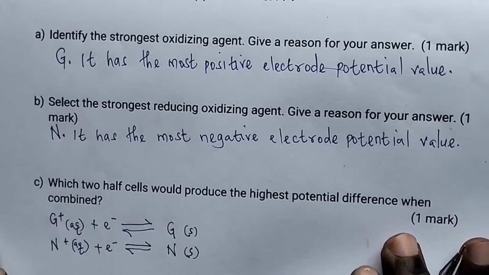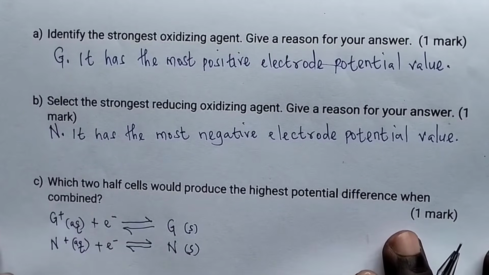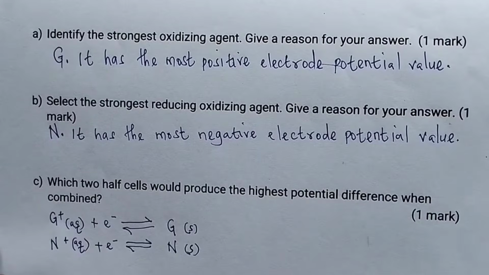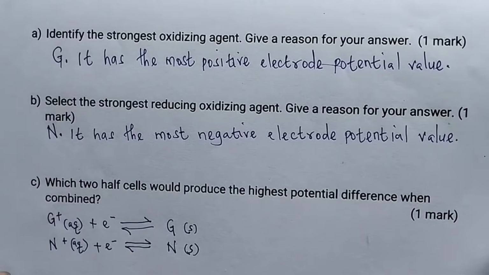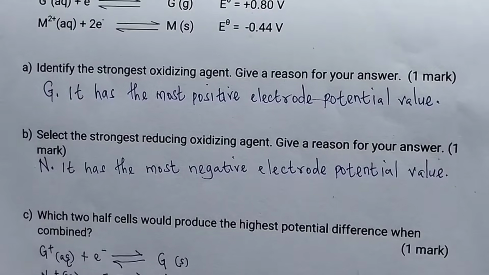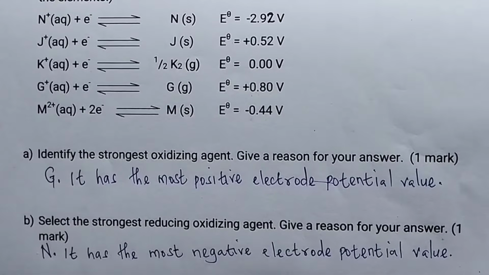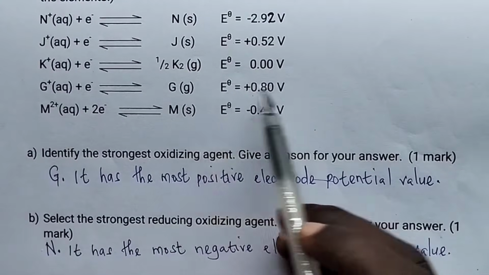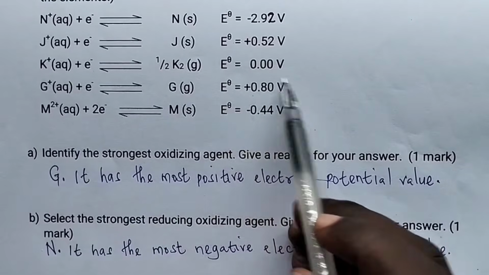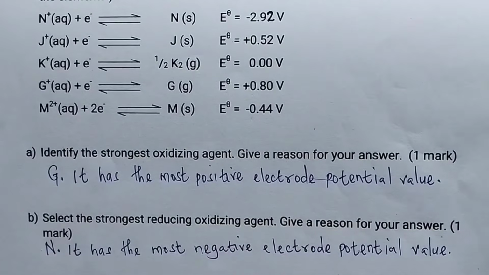We are told which two half cells will produce the highest potential difference when combined. To know them, you have to know the half cell with the most positive electrode potential value and the half cell with the most negative electrode potential value. In the half cells given, this half ionic equation has the most positive value, and this one has the most negative value.